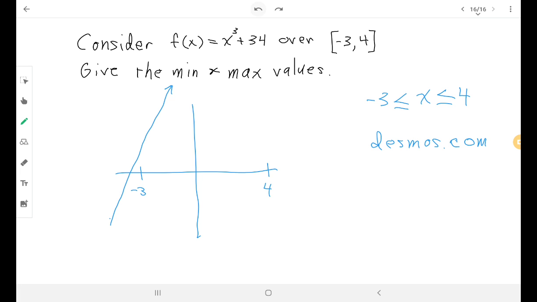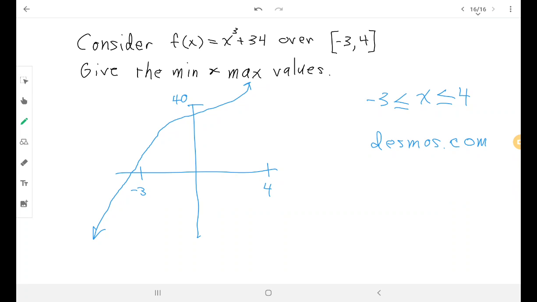If I put it on a different scale, if I say that the y's go way up to like 40 or 50, then it winds up kind of looking more like this. But the point is, it always goes up, right?